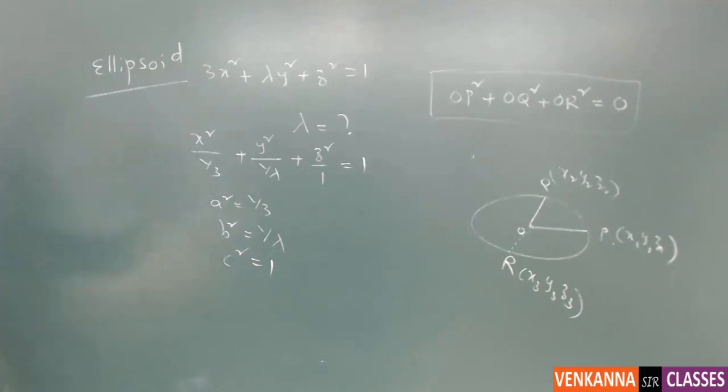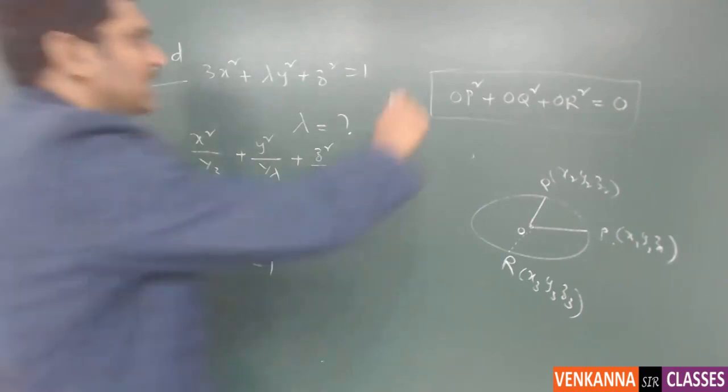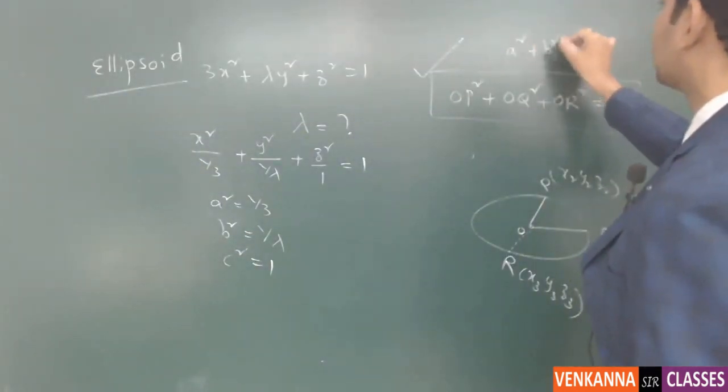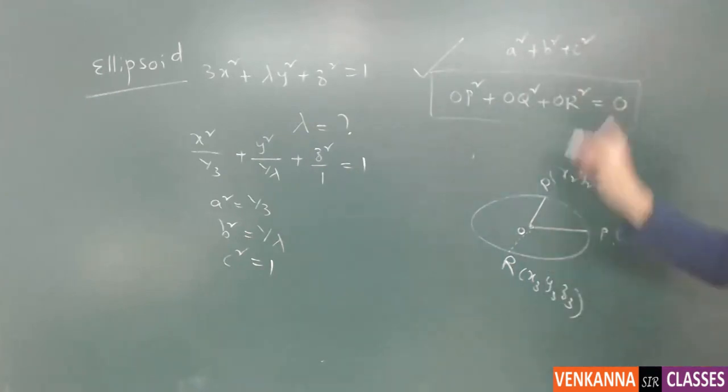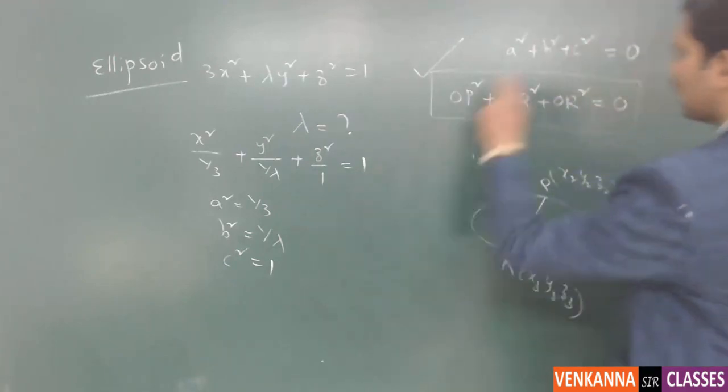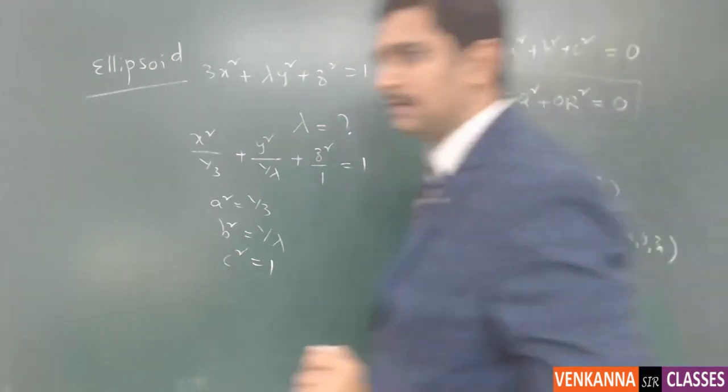Just now we have proved that the sum of the squares of the conjugate semi-diameters is nothing but a square plus b square plus c square. In the problem, the value is given as equal to 0. So you substitute respective values there and give me the value of lambda.